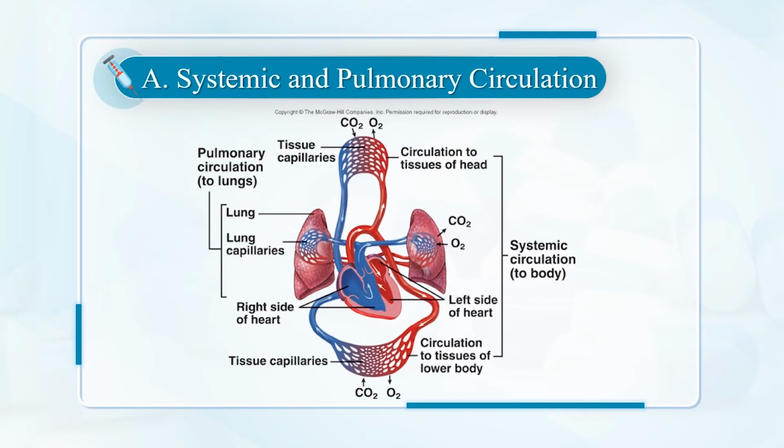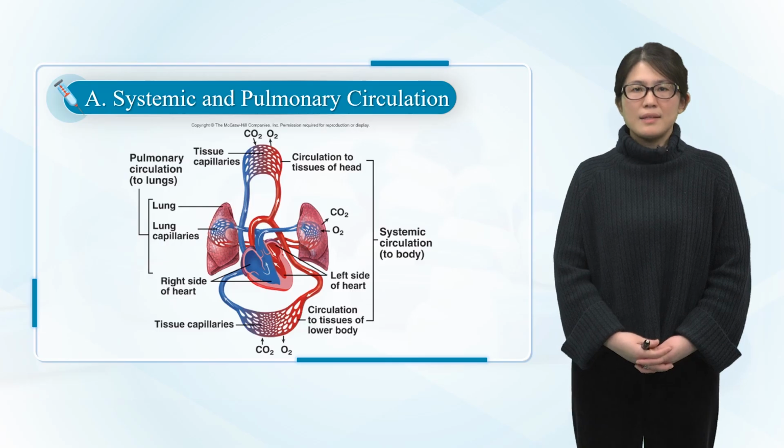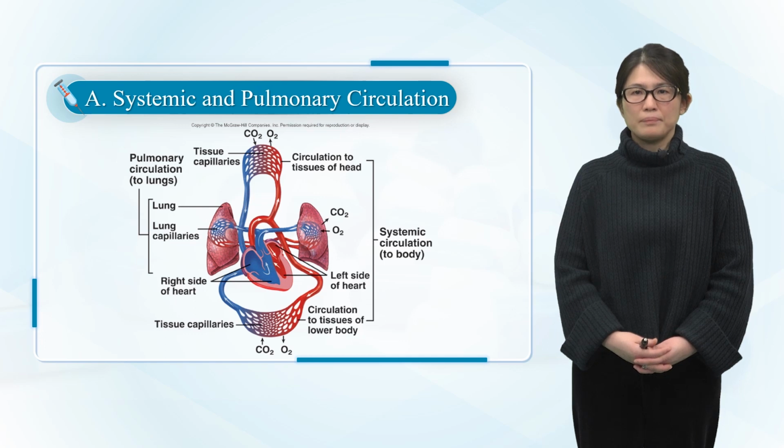The blood is pumped out from the left ventricle through the aorta and its branches to the capillaries of the body, where the blood exchanges substances and gases with tissues and cells, and then passes through various levels of veins, and finally through the superior vena cava and inferior vena cava, returns to the right atrium.